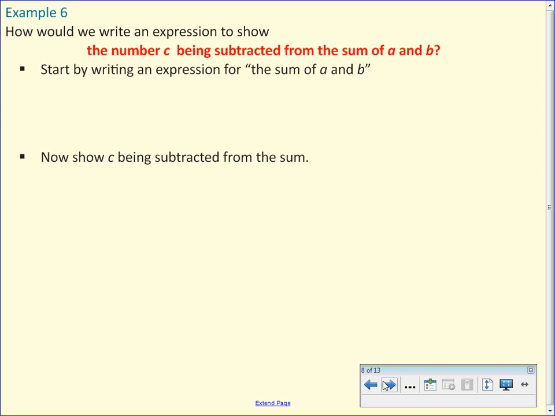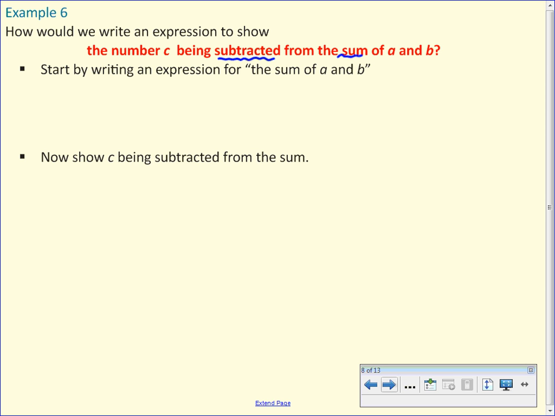Let's look at example 6. I see a couple letters, a couple variables in here now. So the number c is being subtracted from the sum of a and b. So I see subtraction here, and I see addition here. So let's start with that, because the c is being subtracted from the sum. So I need to know the sum first.